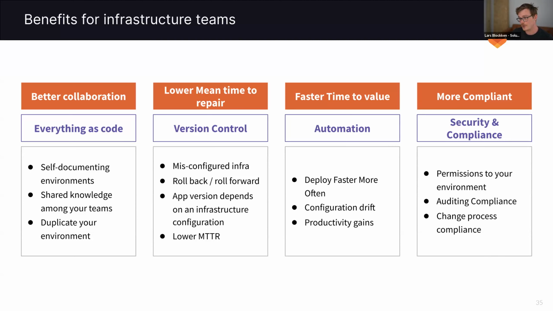We have a faster time to value because of the automation. We can deploy faster and more often, keeping those iterations small. We can make quicker changes, or more changes, that in the end cause less risk, because the smaller the change, the easier it is to do a rollback or test them in a better way.